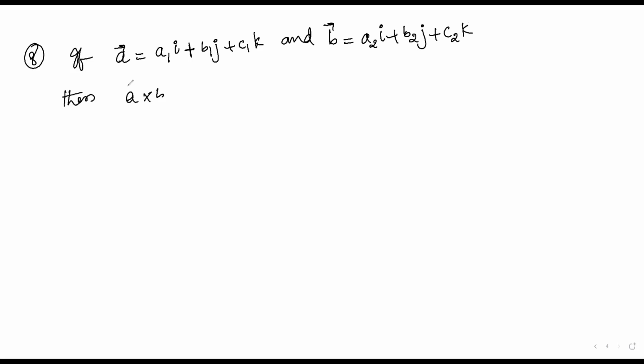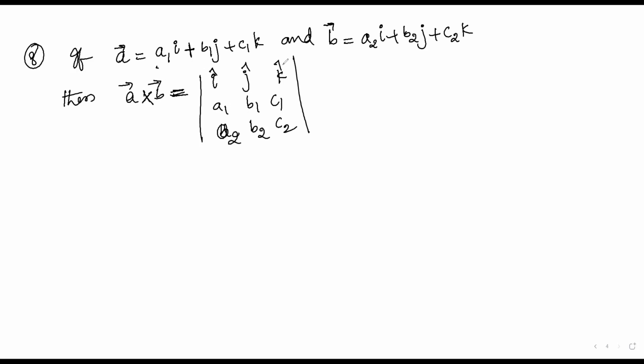Can you tell me how do you do this A cross B? Do you have any idea, Harshika? How do you do A cross B? Then we make a determinant. Very good. I cap, J cap, K cap here, and then A1, B1, C1, and A2, B2, C2.